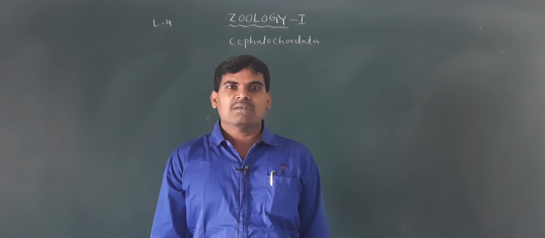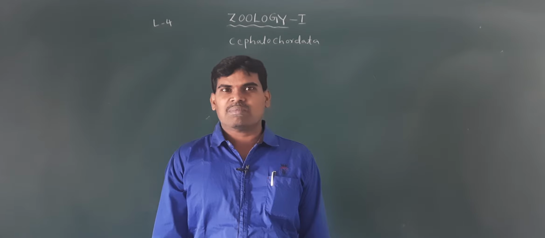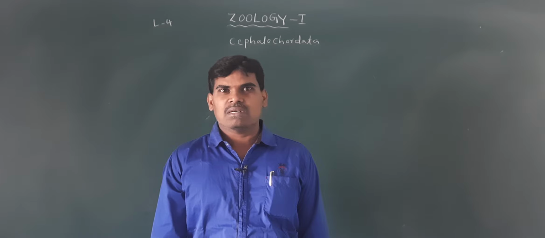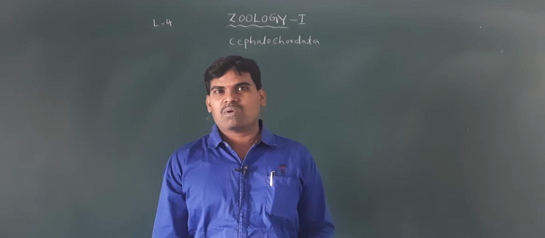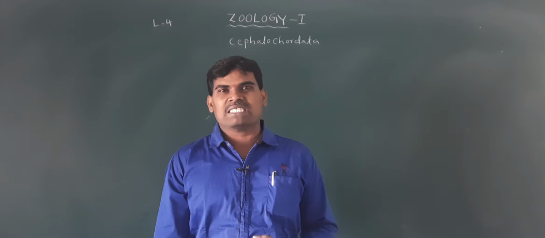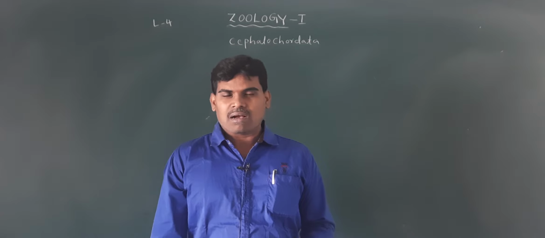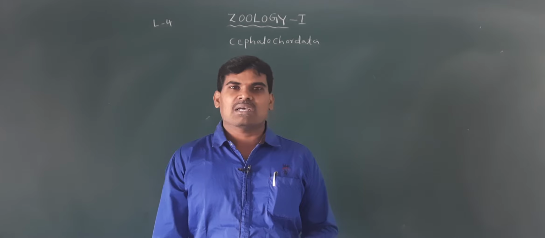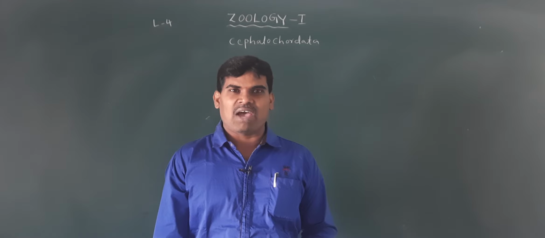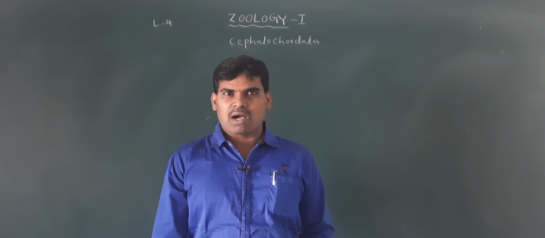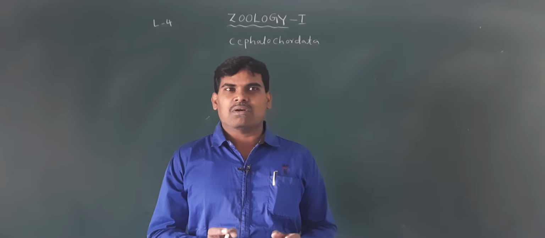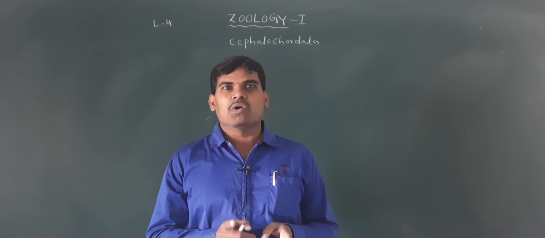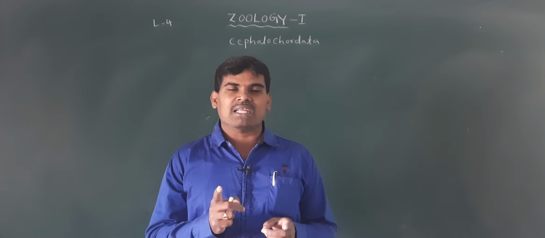Cephalochordata. The meaning of Cephalochordata: Cephalo means head, Chorda means notochord, and Hata means bearing or having. The notochord, I already told in the previous class, is present at some stage in chordate animals.